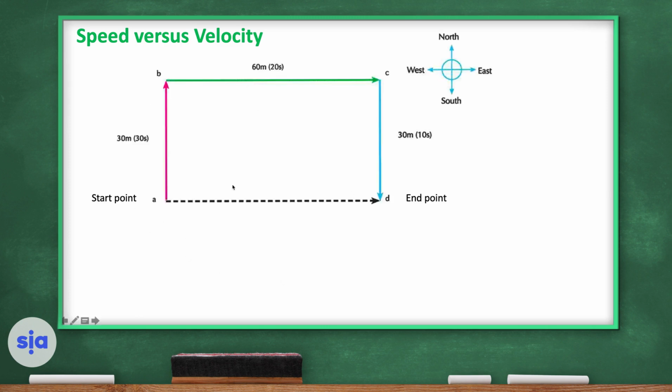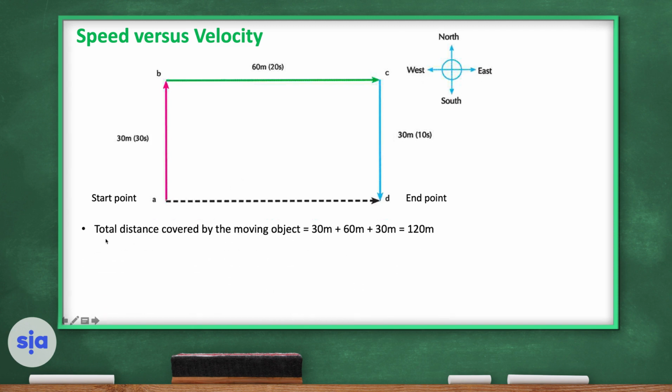In this diagram, you can see that the start point is A and the end point is D. This means that the moving object will move 30 meters in this direction from A to B, and then from B to C 60 meters in 20 seconds, of course, and from C to D 30 meters in 10 seconds. And here are the cardinal directions: the north, the south, the east, and the west.